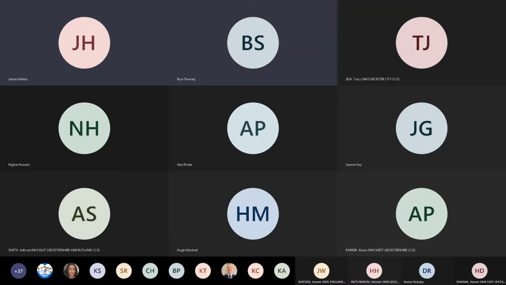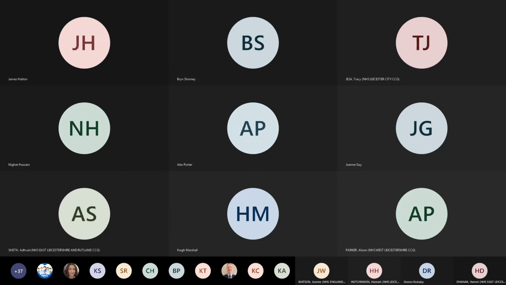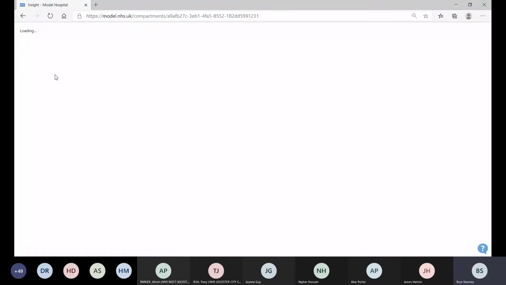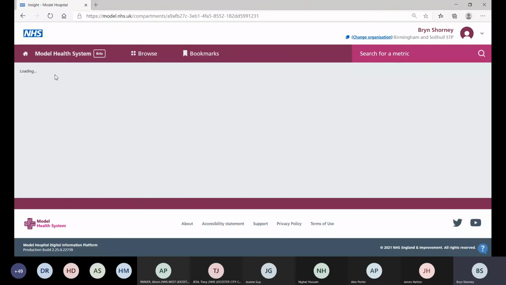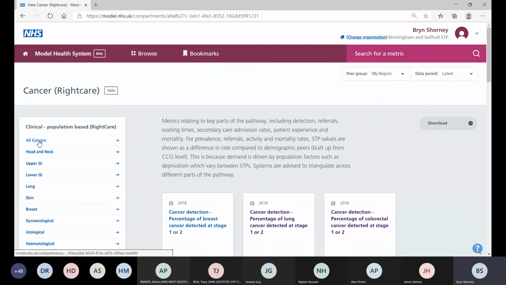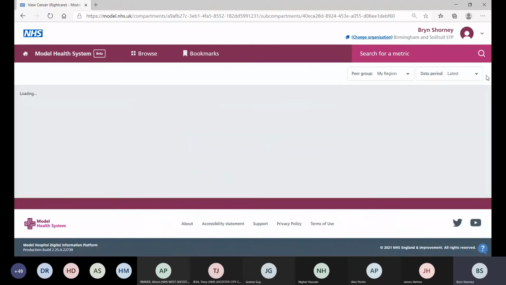Thank you, Jim. Okay, sorry, it's been a bit slow again. For that cancer mortality, we've got an indented metric there that will show what that actually means in terms of lives.